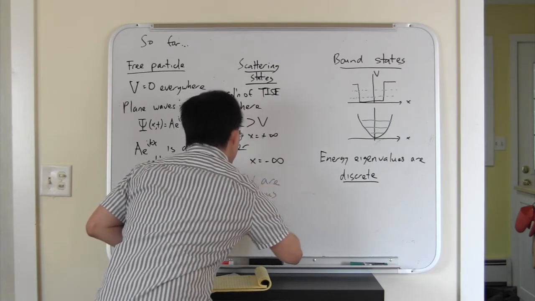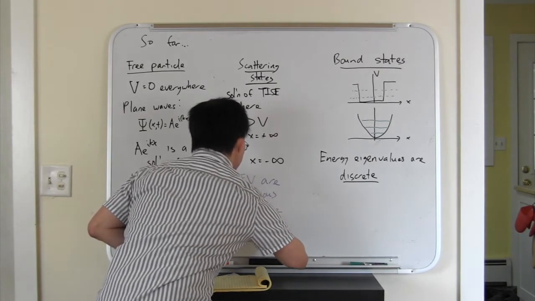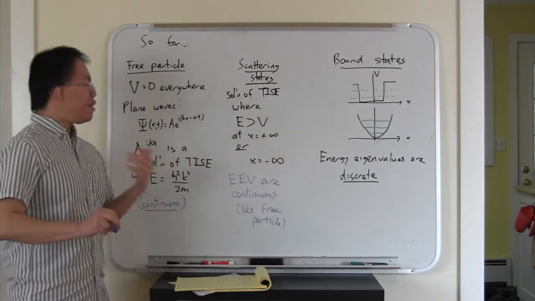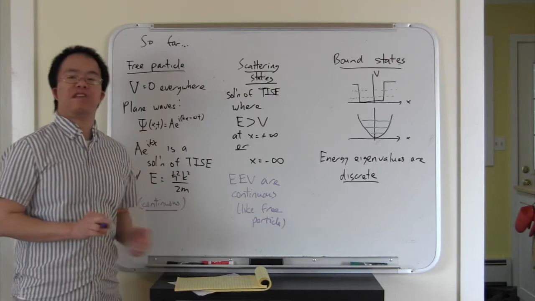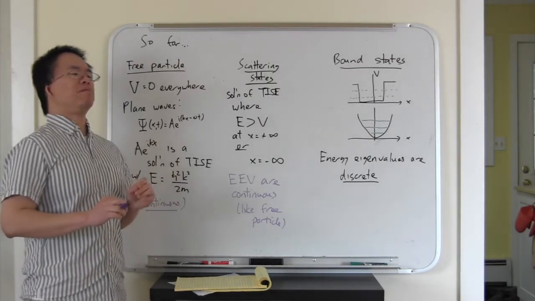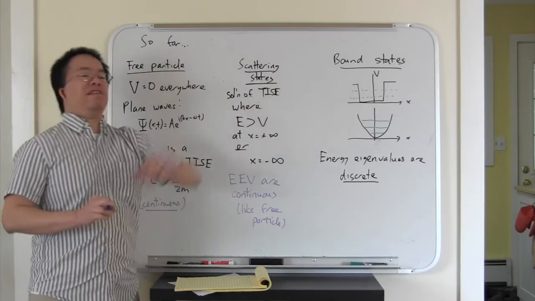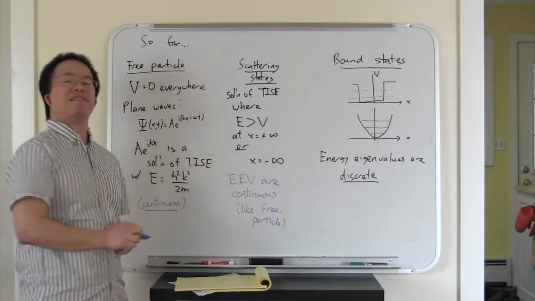But as we think about what the energy eigenfunctions look like for scattering states, it turns out we'll be able to draw on a lot of what we learned about bound states. So this is bringing those two things together.